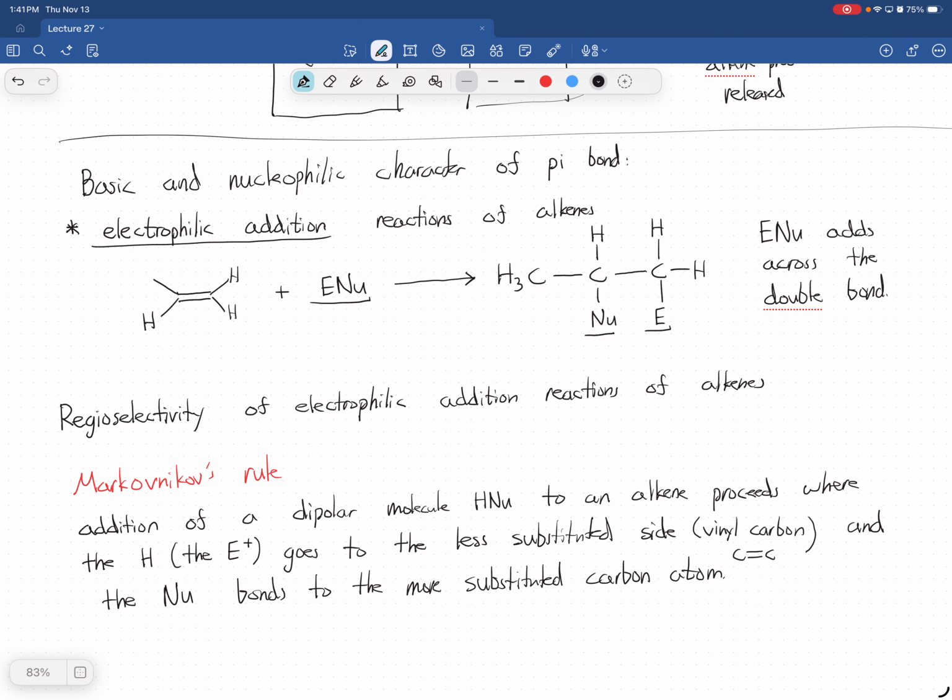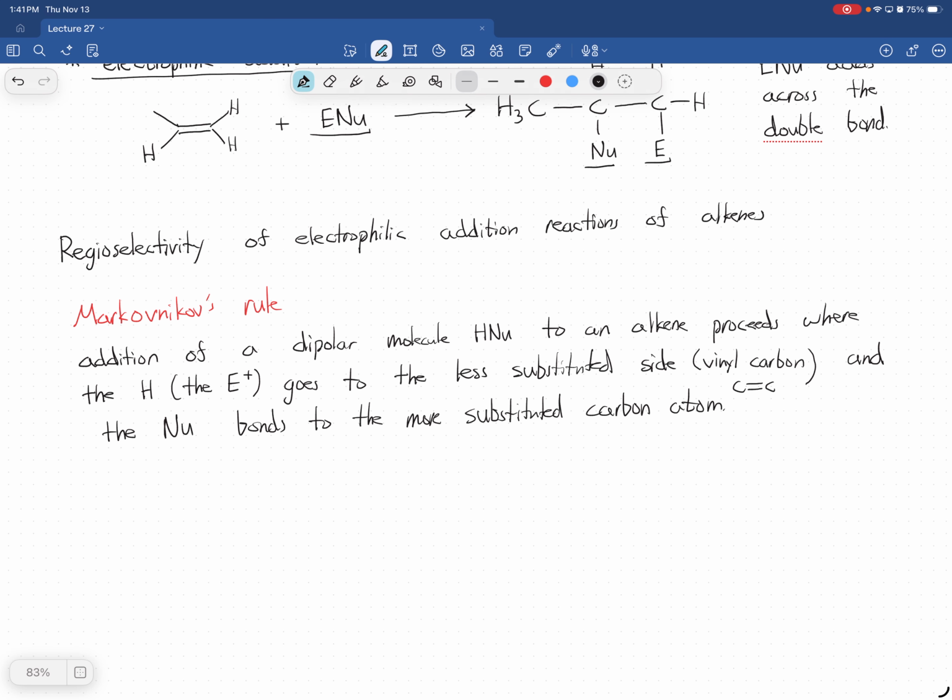Okay, so let's do an example. Here's a common example: hydrohalogenation of an alkene, HCl plus a vinyl carbon atom bonded to another vinyl carbon atom. So that's an alkene.